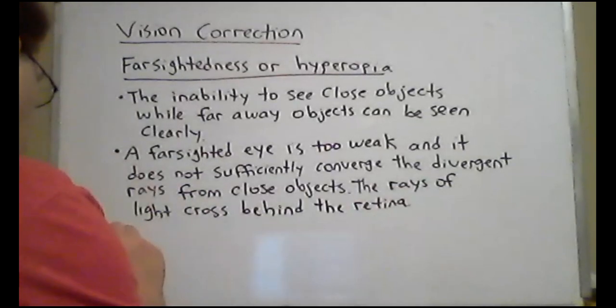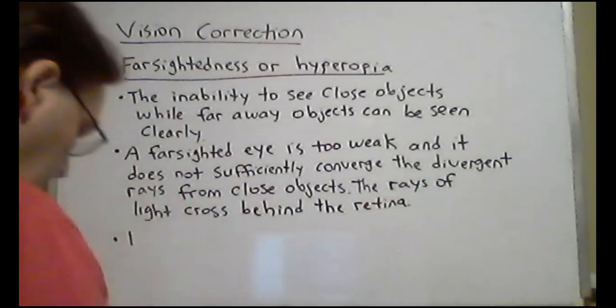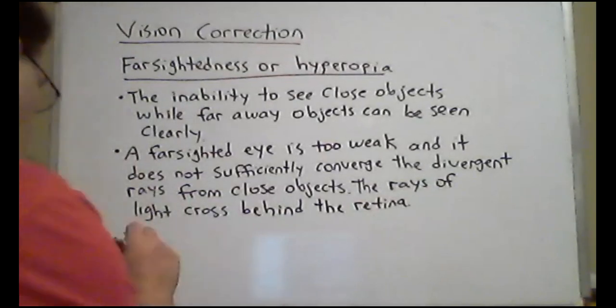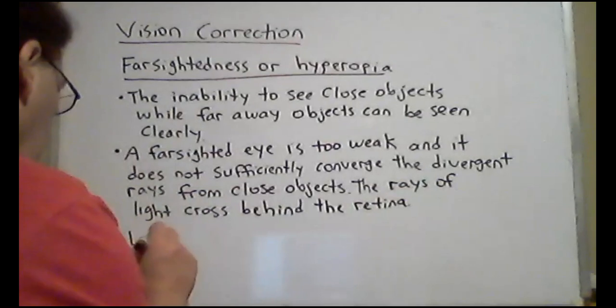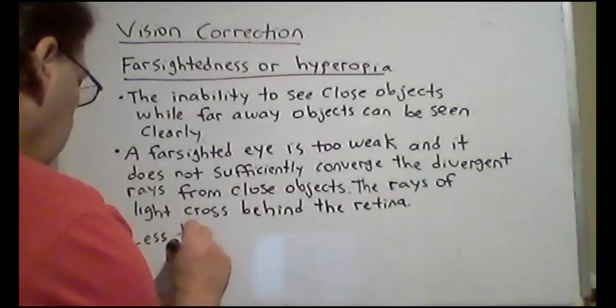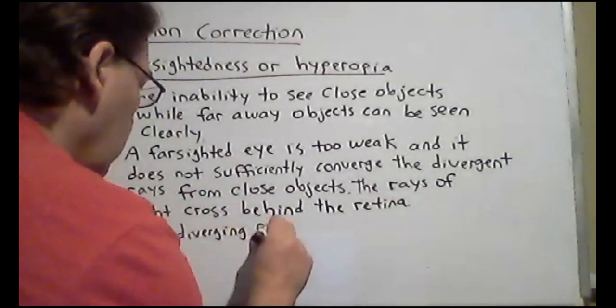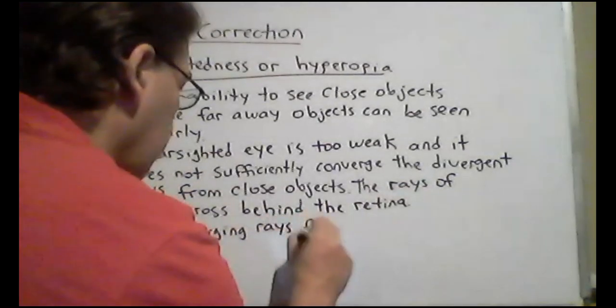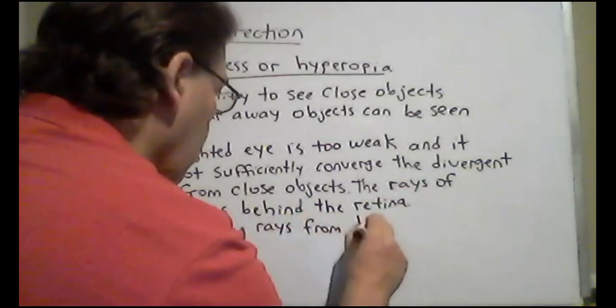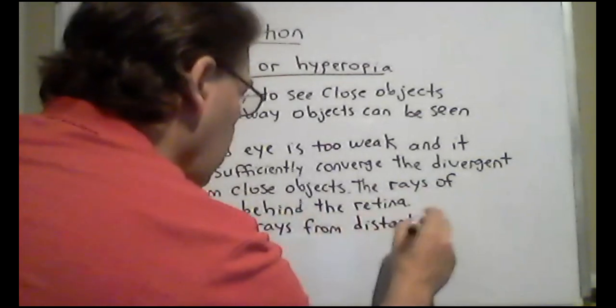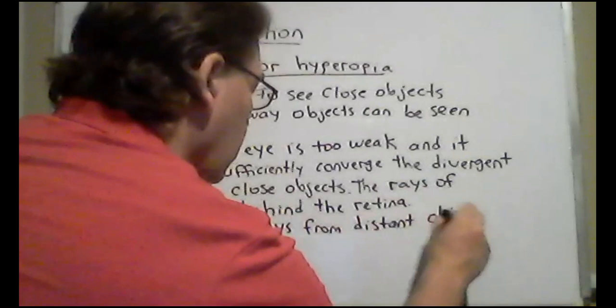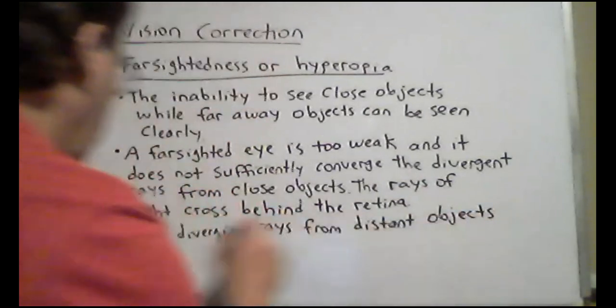The near point: the less diverging rays from distant objects converge on the retina.